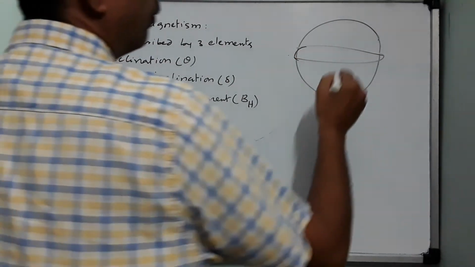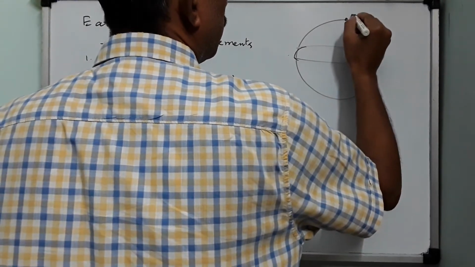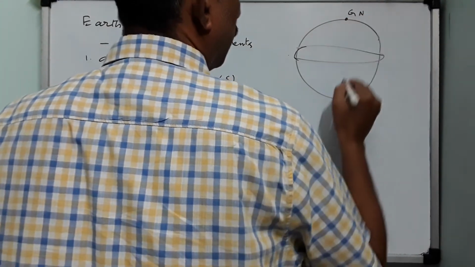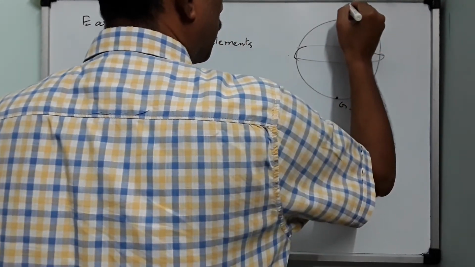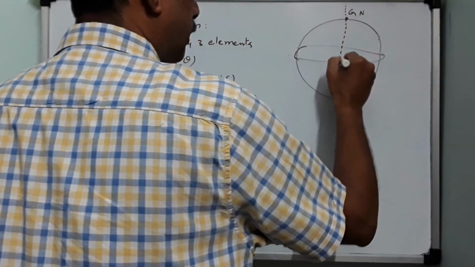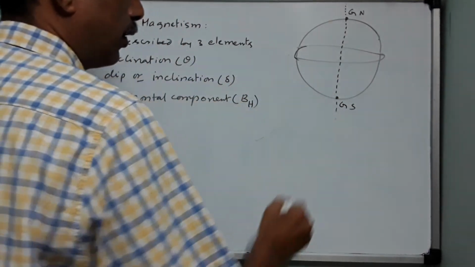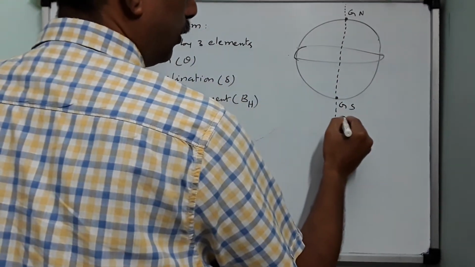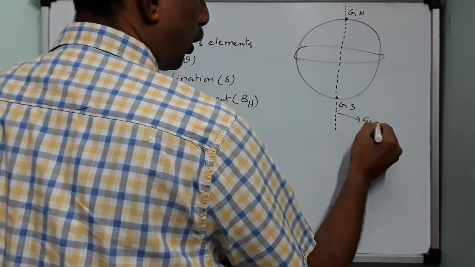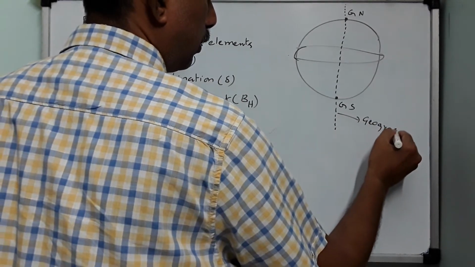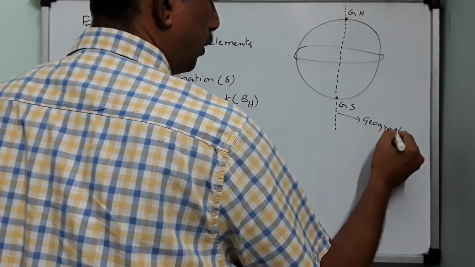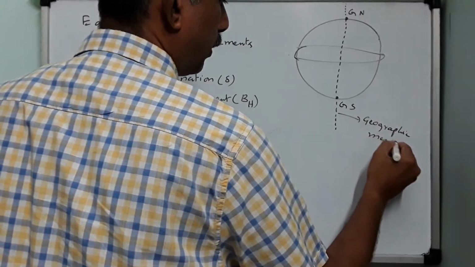Okay. Now here this is geographic north and here this is geographic south. So the line that is passing through these two is known as geographic meridian.